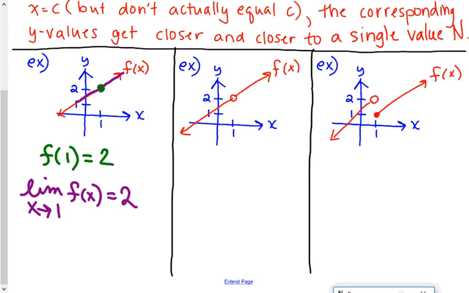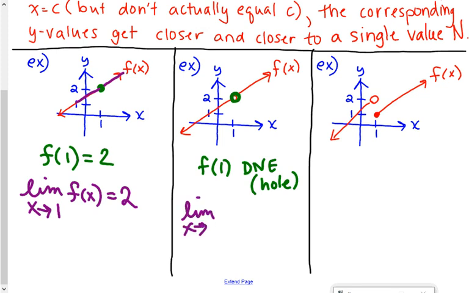All right, in the second picture, f of 1 does not exist because it's a hole, right? There's a hole in the graph, so the function doesn't exist. But when we talk about the limit as x approaches 1 of f of x, we're talking about where is the function going. On the right side, as I get closer and closer, my y values get closer and closer to 2.